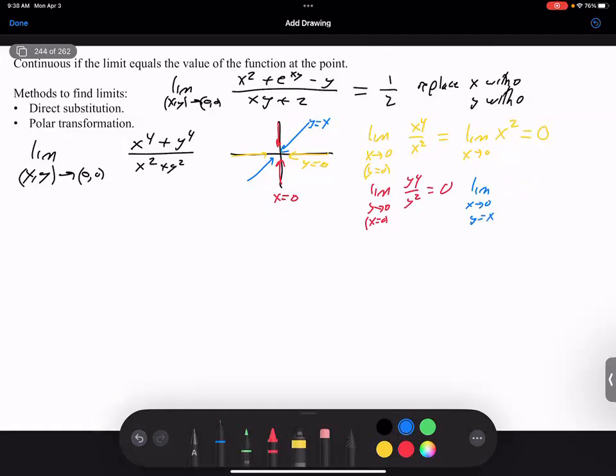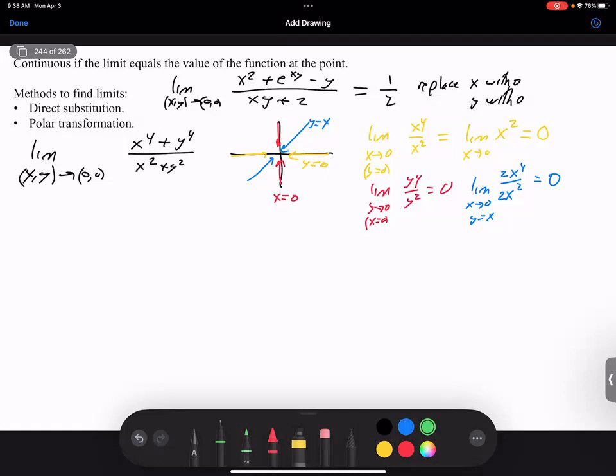I would get 2x to the 4th over, sorry, over 2x squared, thank you. What would that be? It's just, again, x squared. And as x squared goes to 0, what do you get? 0. In fact, you can show along any line it's equal to 0. So what do you think this limit's going to be? 0.